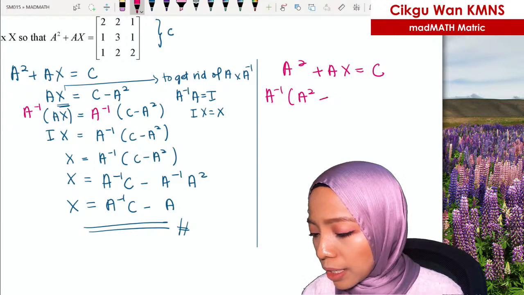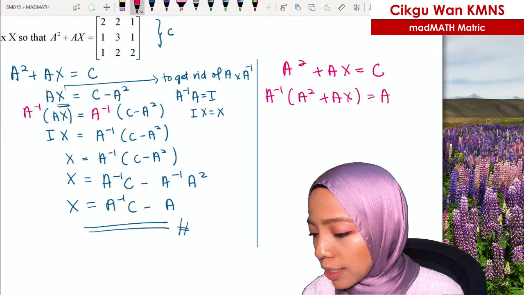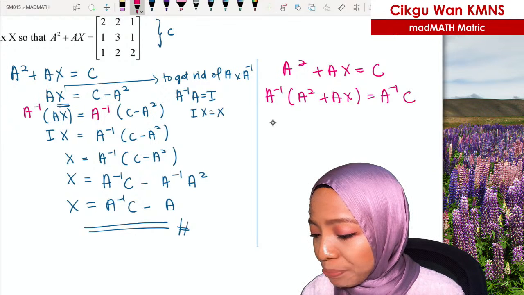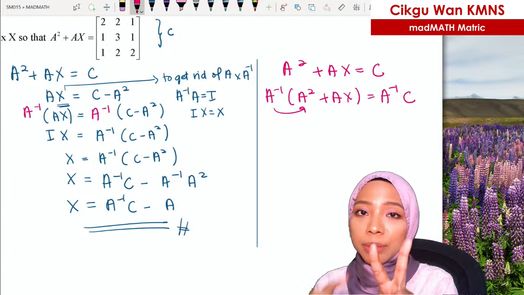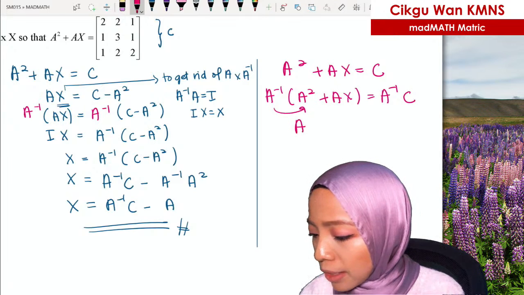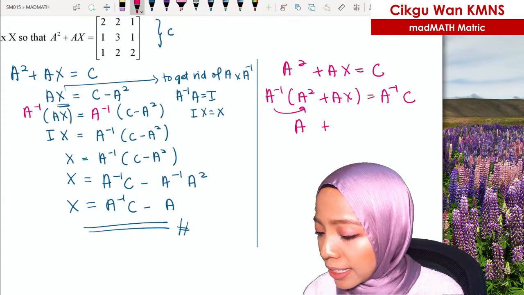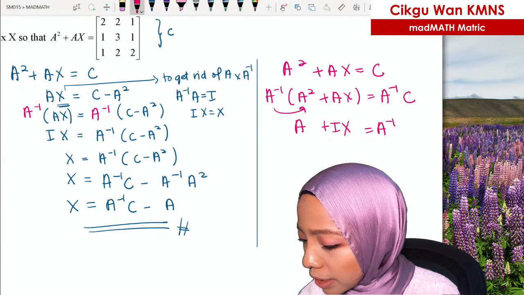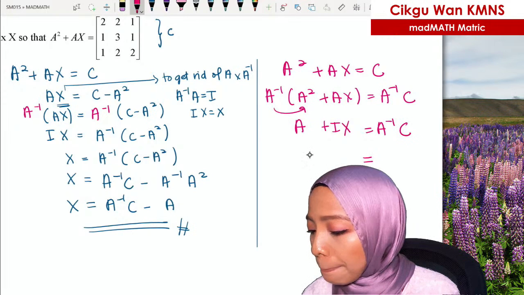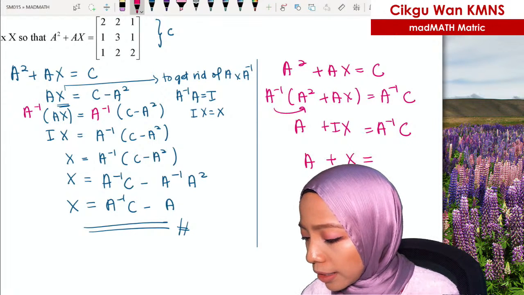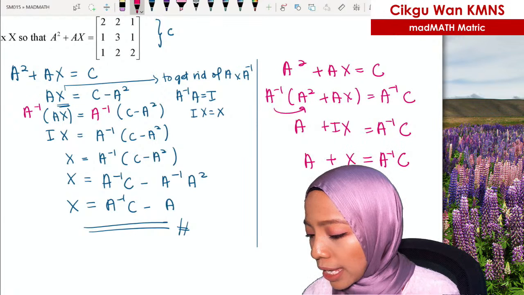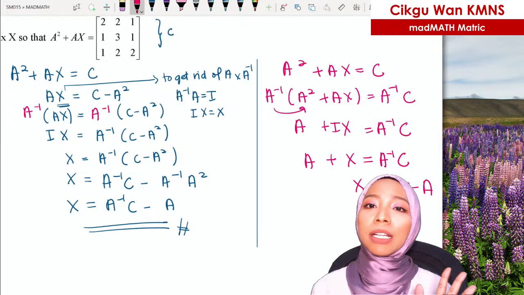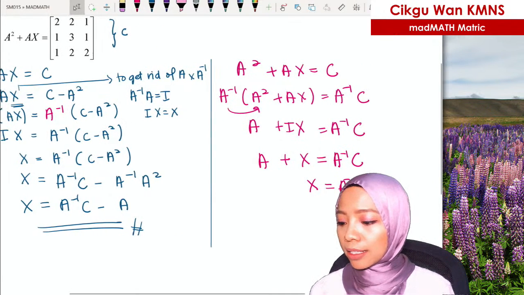A square plus AX equals to A inverse C. Okay, pun boleh. Yes. So ini dengan ini A ada 2, so dah mati 1, tinggal 1A. Ini A inverse darab dengan A, dah tinggal identity X. Nak tulis boleh, identity tu tak nak tulis pun tidak mengapa. Okay. So lagi senang, kelihatannya lebih senang. So A inverse C. Okay, so X is equals to A inverse C minus A. So kedua-duanya pun akan memberikan jawapan yang sama.